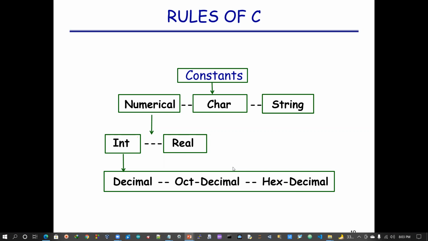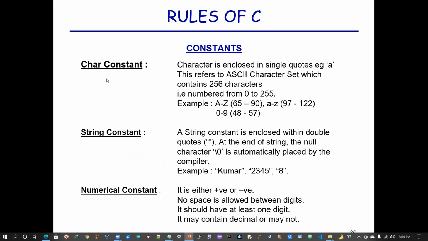First, all of you concentrate on what a numerical constant is, what a character constant is, and what a string constant is. Among the three, you are already familiar with two: numerical and character constants. I discussed the character yesterday, but I'm repeating it once again. A character constant is a character enclosed in single quotes, for example a small a within single quotes.